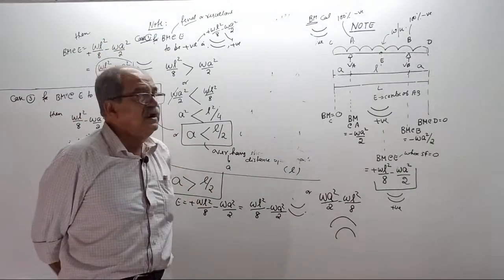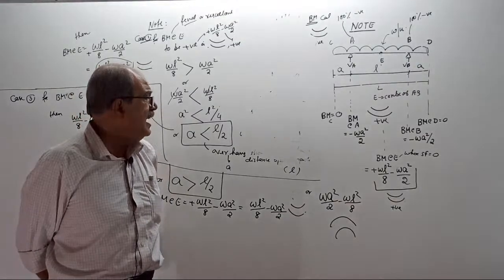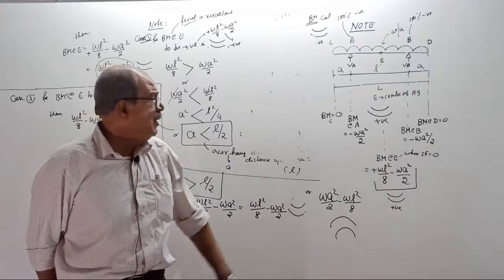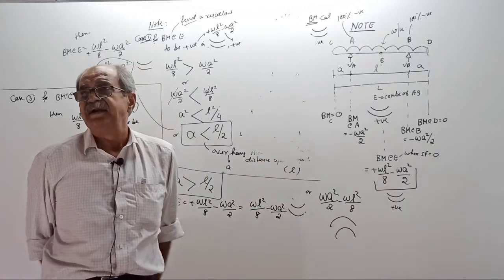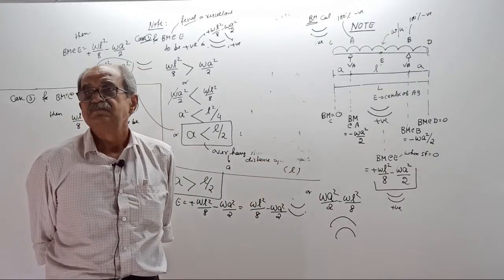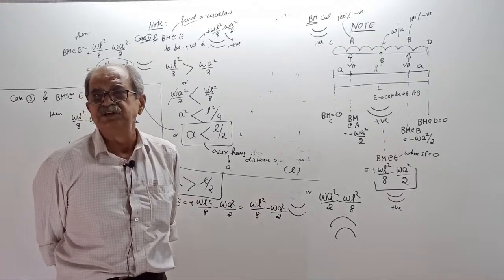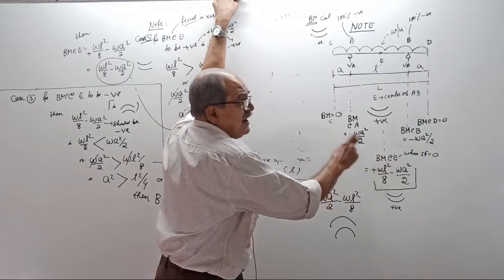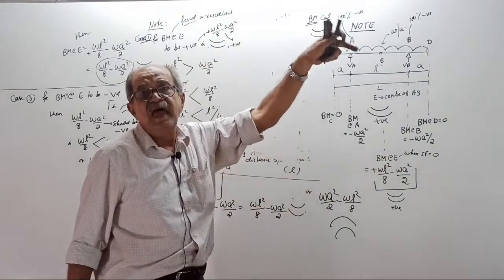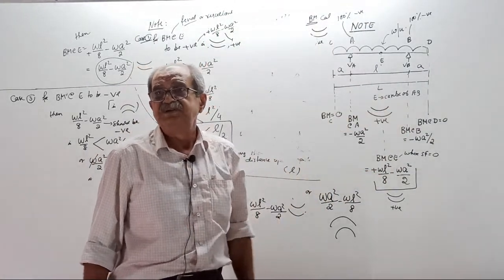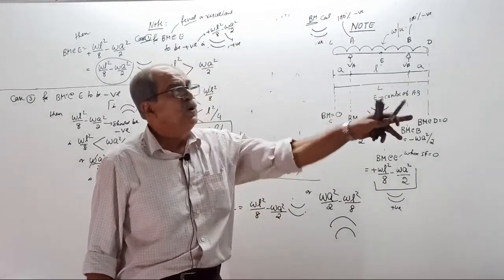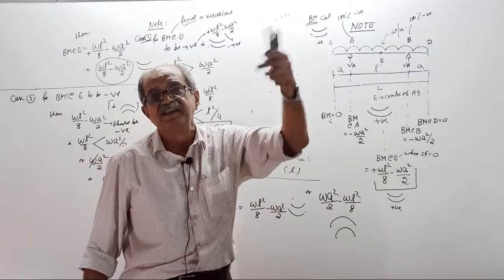I will tell WL square by 8 minus WA square by 2, that much sagging. He may say, what nonsense you are telling. I told WA square by 2 is more than WL square by 8. Negative is more than positive, still you say sagging? What nonsense? I will say, you are talking nonsense to the power nonsense.